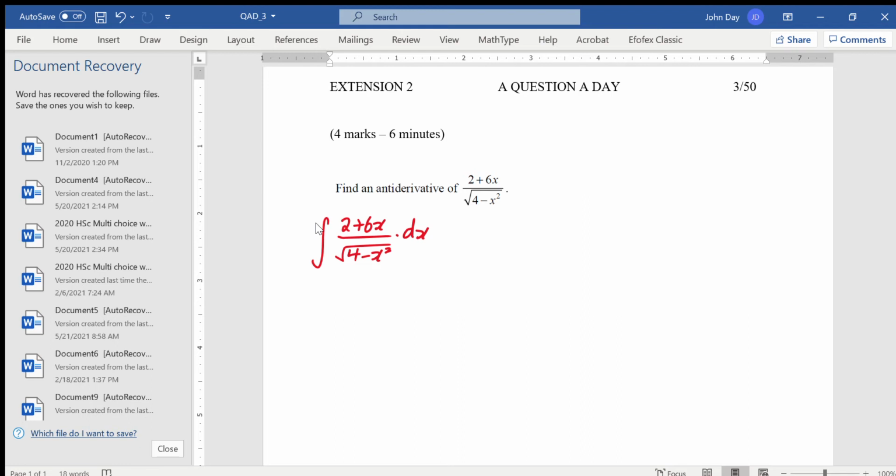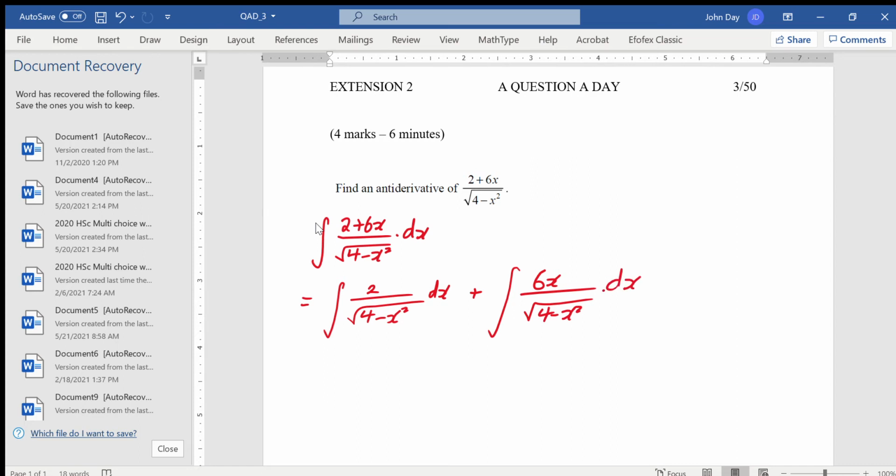So I'm going to separate these out and say this is the integral of 2 on root 4 minus x squared dx plus the integral of 6x on root 4 minus x squared dx.